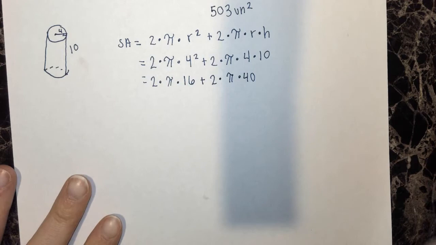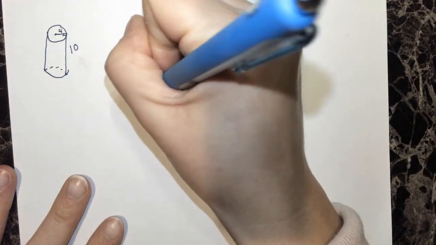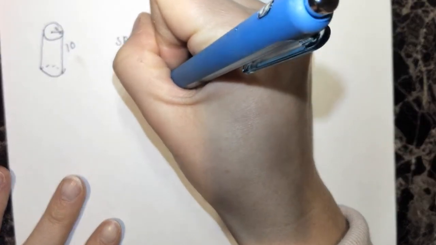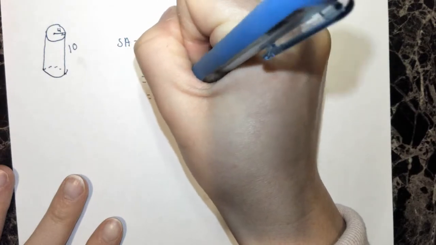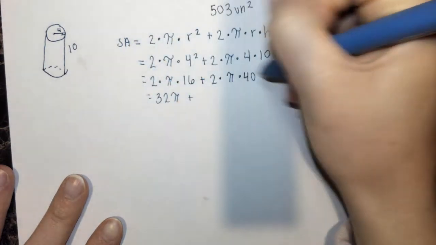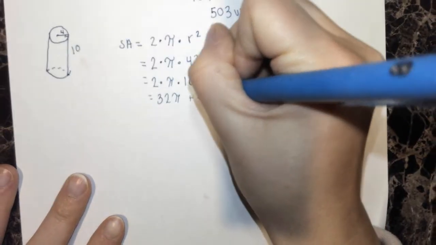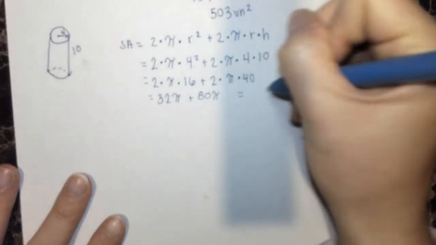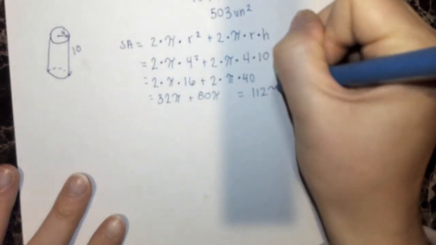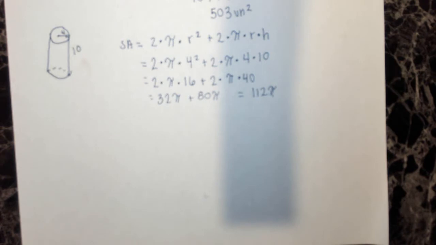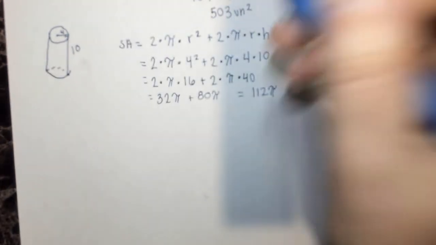Then I'm going to go on and simplify. 16 and 2, that would be 32 pi plus 80 pi. And that would either be 112 pi, or if you actually simplified it out, you would get 352 of that.